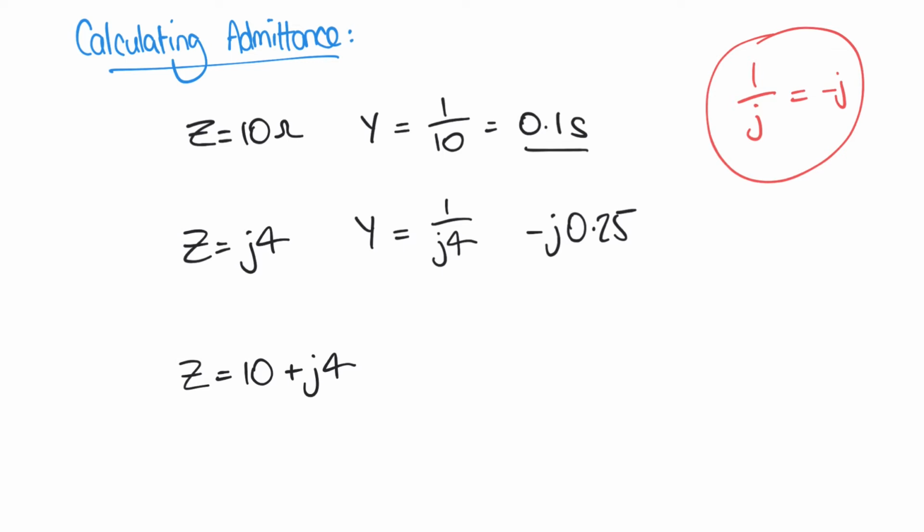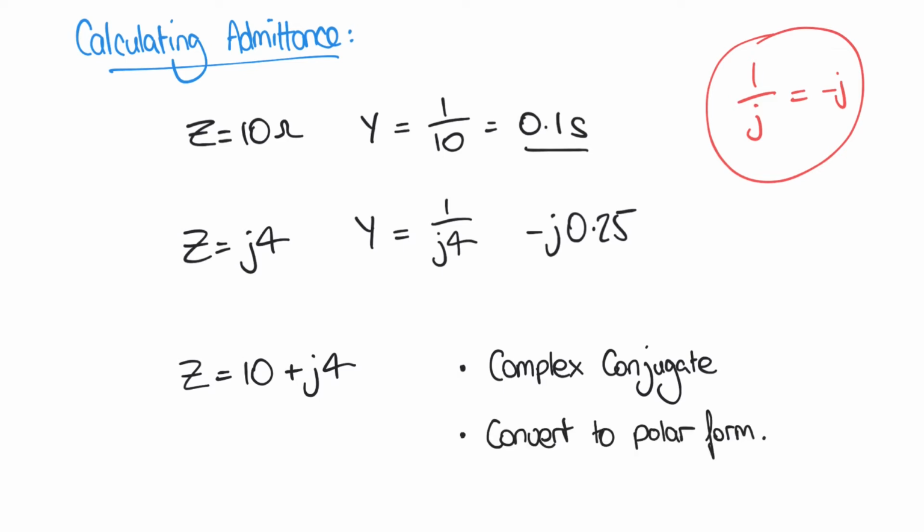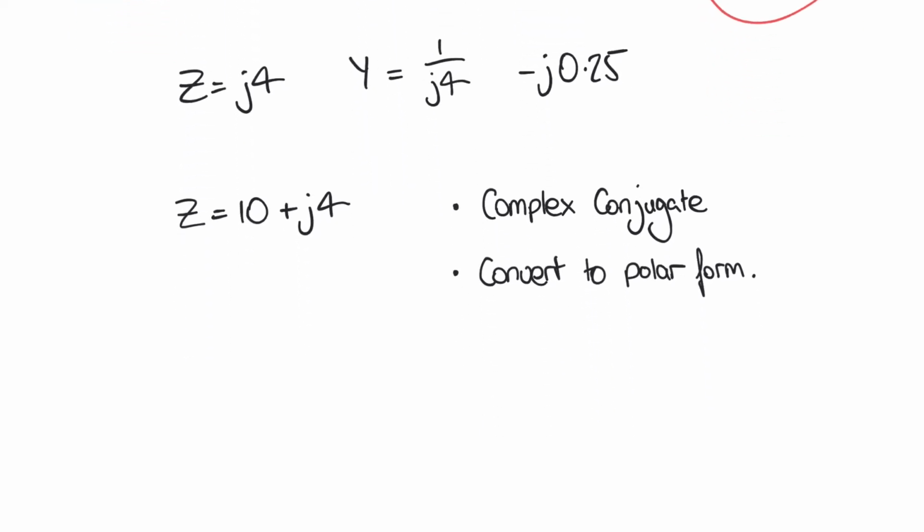We have an imaginary component of 4. We've got two options here. We can use the complex conjugate to work out our admittance Y, or we can convert to polar form to work out the admittance Y. Let's try both of these, and you can make your own mind up as to which you prefer.